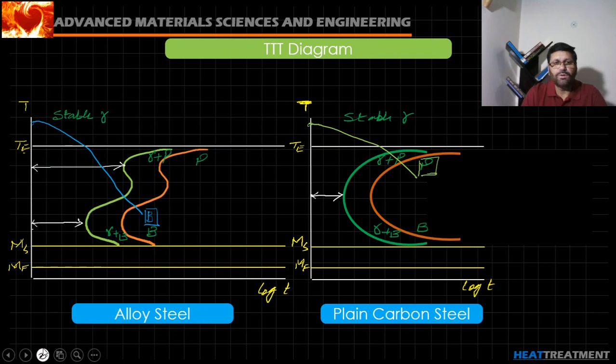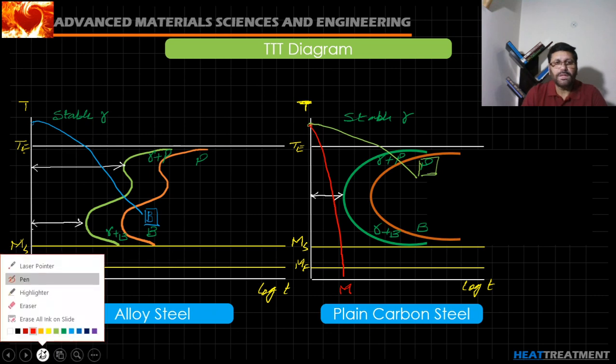And if we go for a very fast rate of cooling, we end up with martensite. And what will happen in the case of intermediate cooling?